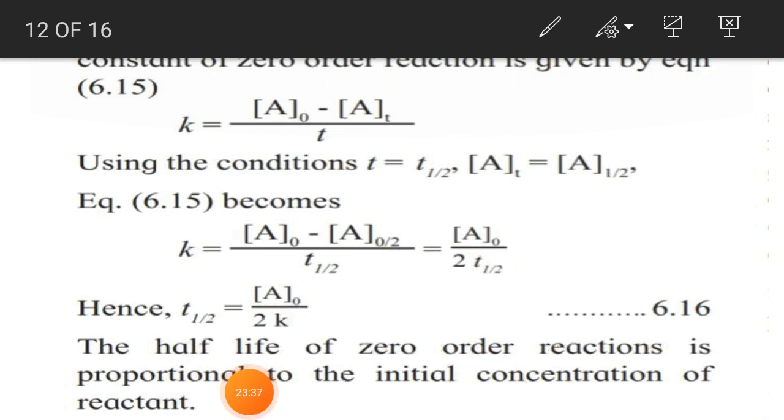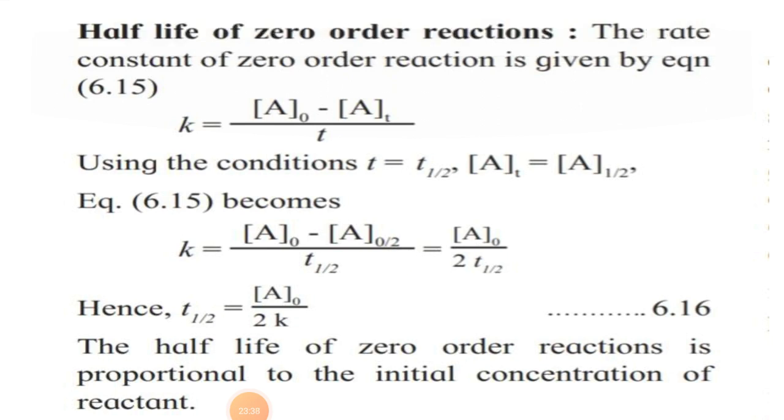So here student, we are getting K is equal to A naught upon 2 into T half. So we are getting the rate constant of the above equation is equal to A naught upon 2 into T half. On rearranging the equation, T half will be equal to A naught upon 2K.